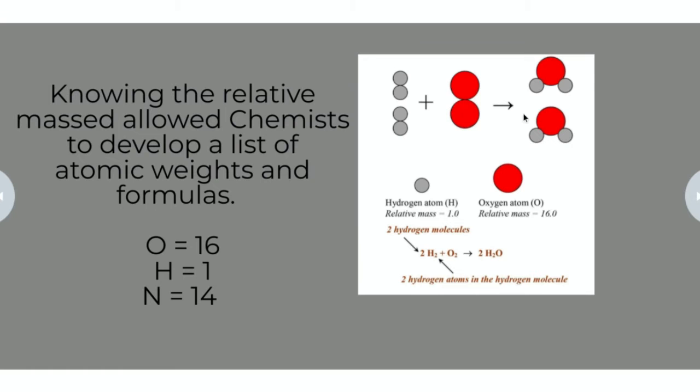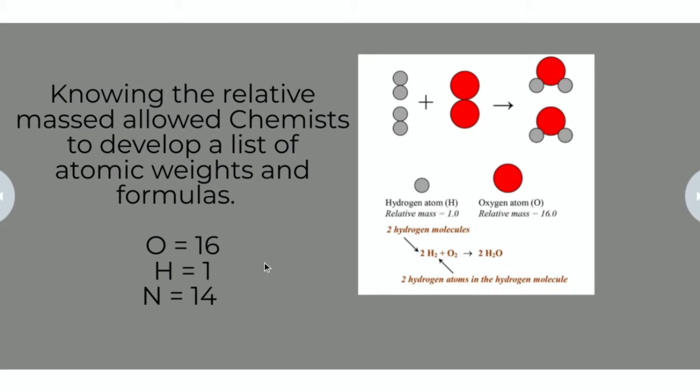So if you look at the relative mass, oxygen is 16 and hydrogen is 1. So in a water molecule, the ratio would be 8 mass units of oxygen and 1 mass unit of hydrogen, or 16 to 2.